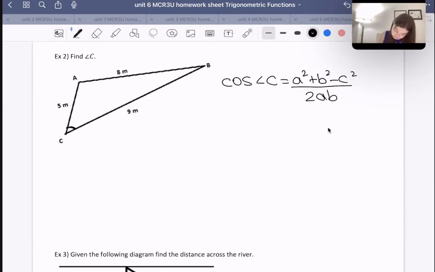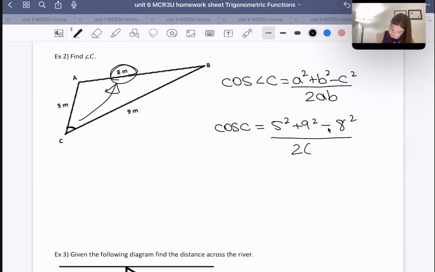Cosine of C is equal to 5 squared plus 9 squared minus 8 squared over 2 times 5 times 9. So what does that equal? 25 plus 81 minus 64 is 42 over 90.